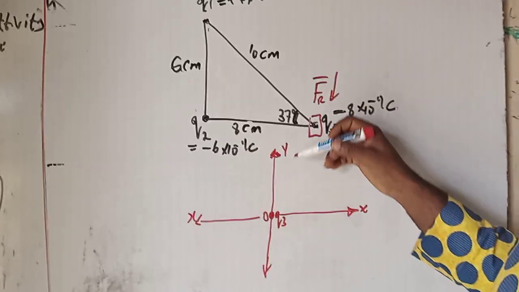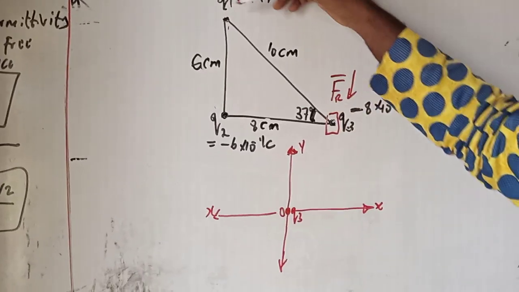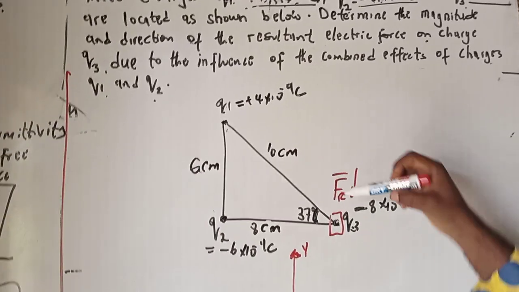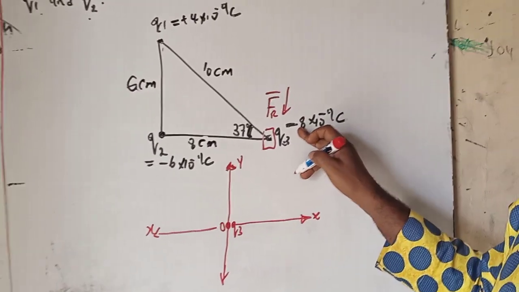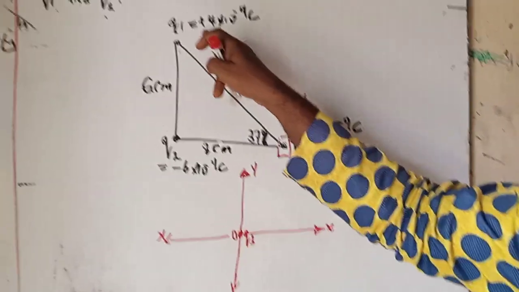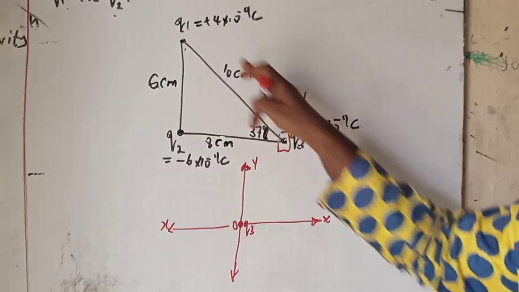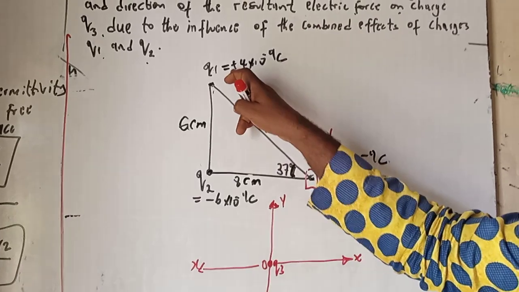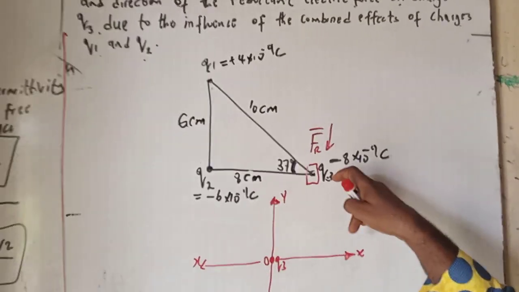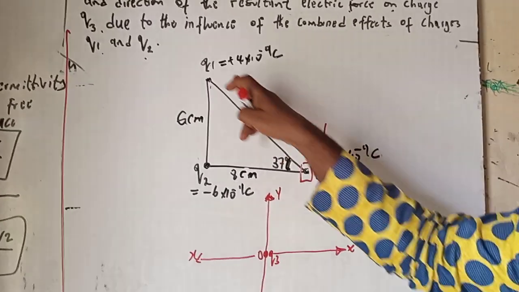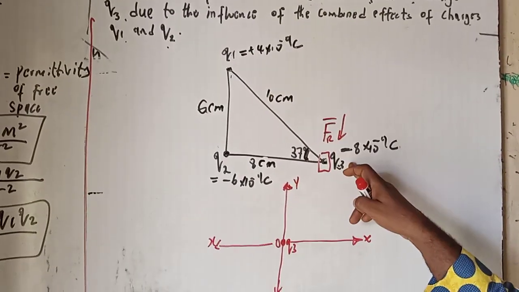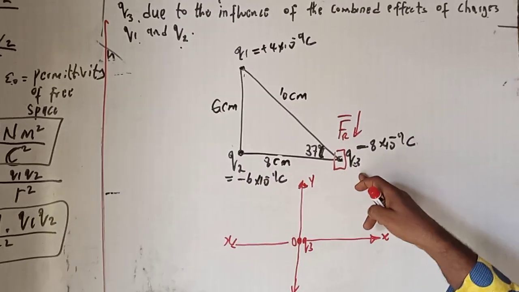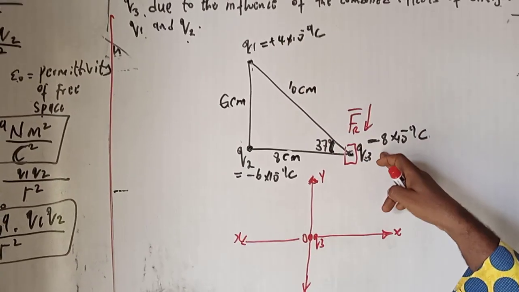Now, I want to determine what will be the force of Q1 on Q3. Because charge Q3 is negative and charge Q1 is positive, they are unlike charges. According to the electrostatic law, like charges will repel, unlike charges will attract.